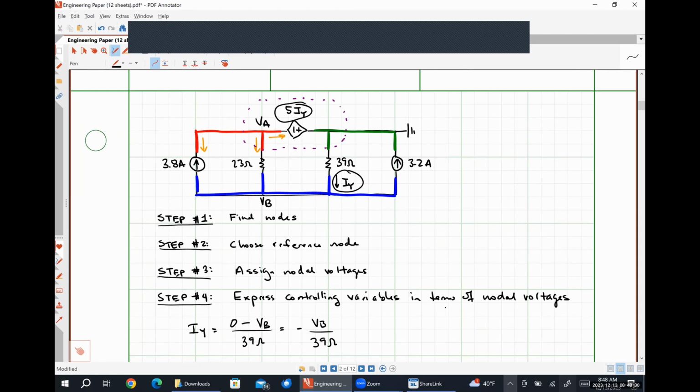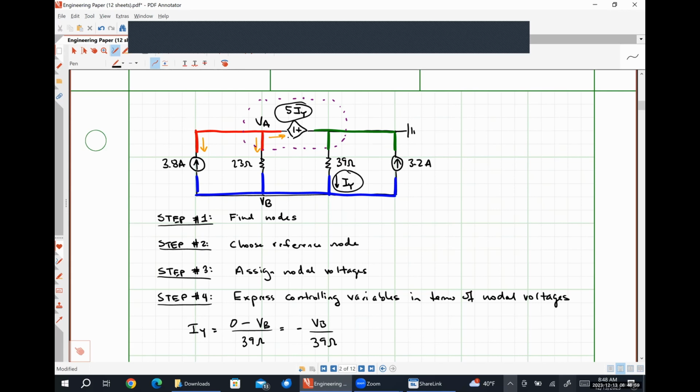So what's the nodal voltage associated with the positive polarity terminal of our voltage source, Memphis? What nodal voltage is at the positive polarity terminal of our voltage source? So VA is at the negative polarity terminal, as indicated by the negative sign. Which one's at the positive polarity terminal? Ground.